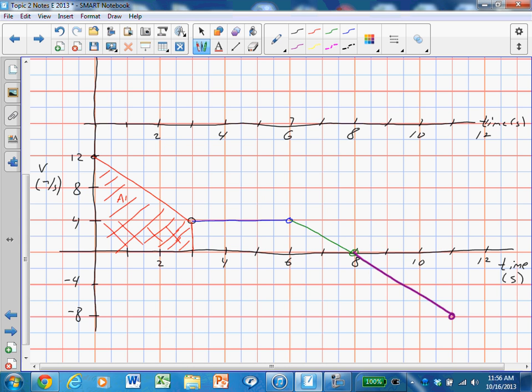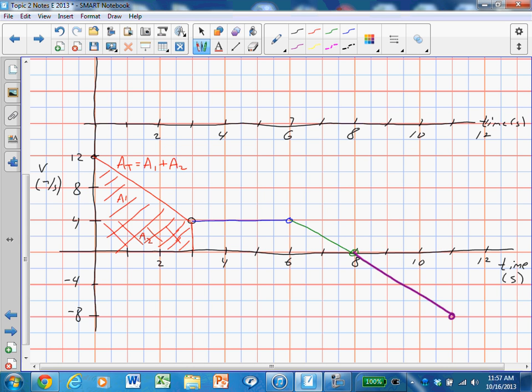So our total A would be A1 plus A2, because it's a triangle sitting on a rectangle, which is also called a trapezoid. But you could just break it up and find the area of the triangle and then the area of the rectangle.